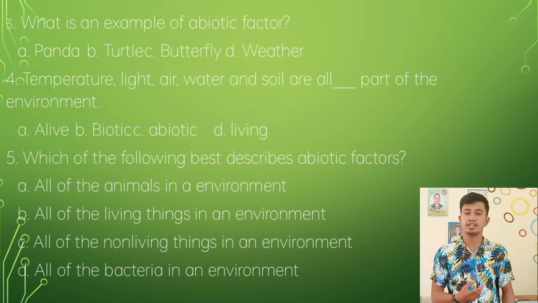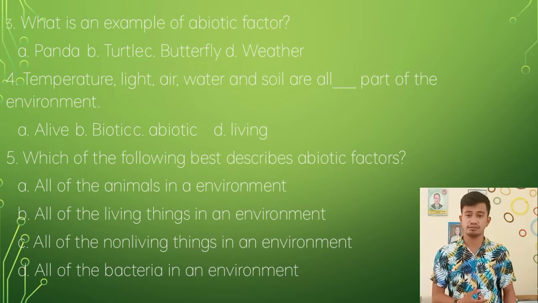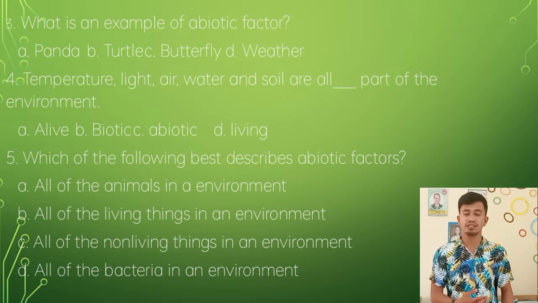A. All of the animals in an environment. B. All of the living things in an environment. C. All of the non-living things in an environment. D. All of the bacteria in an environment. The correct answer for number 5 is letter C. Okay, you are all perfect.